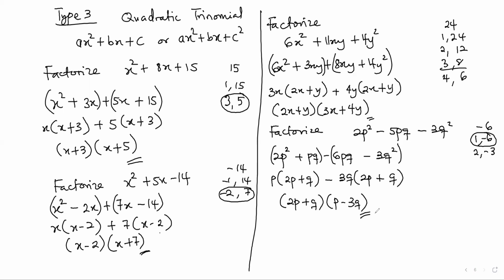So basically that's it. Now move on to type 4. And type 4 is called difference of two squares.